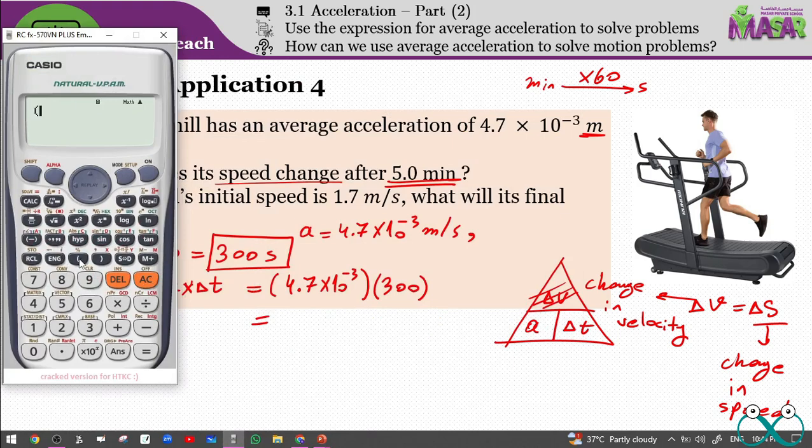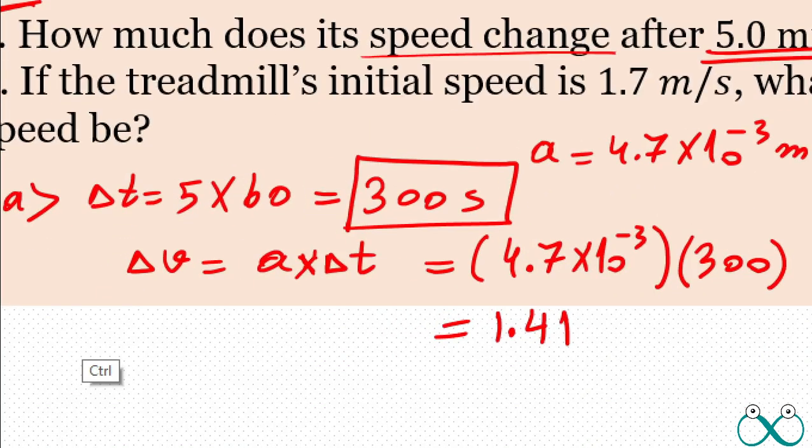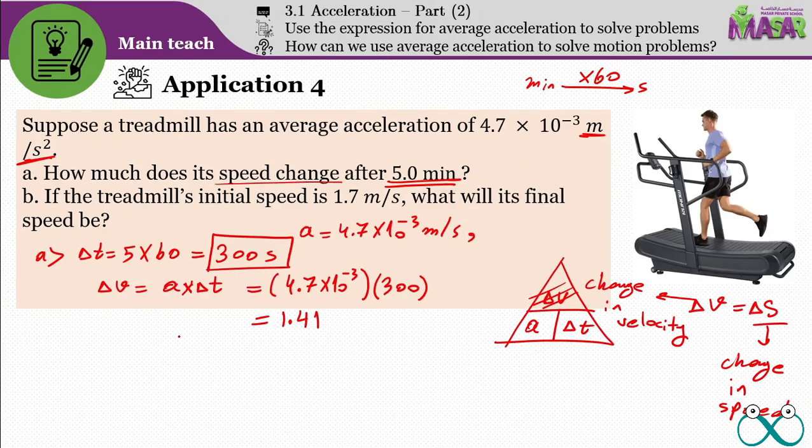So first we have 4.7 times 10 to the power of minus 3 multiplied by 300 seconds, and the answer is 1.41. Now what will be the corresponding units? We know that the SI unit for the change in velocity or speed, as well as the speed itself or the velocity itself, is meter per second.